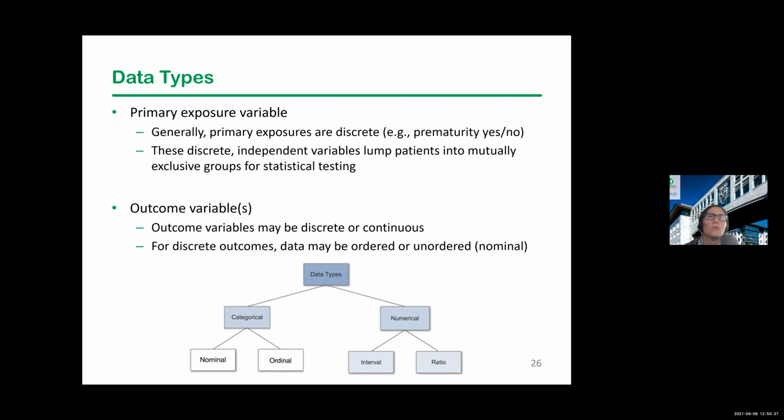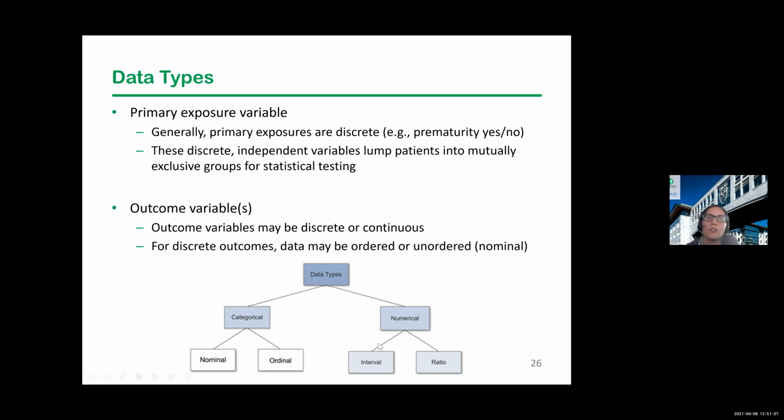Outcome variables are also usually discrete or continuous. For discrete outcomes, they can be ordered or unordered. So here in this figure, ordered means the categorical data usually has an order, like mild, moderate, severe, or first, second, third, whereas nominal is just groupings that don't have any inherent order, like gender, male, female, for example.